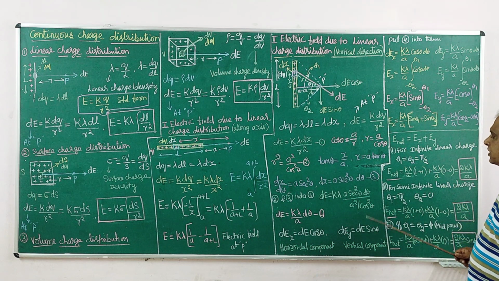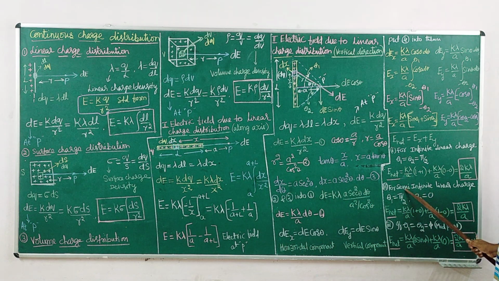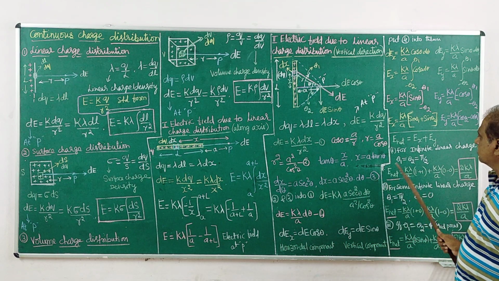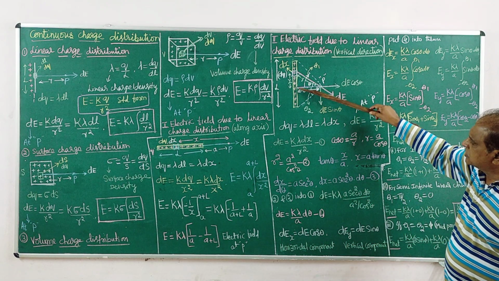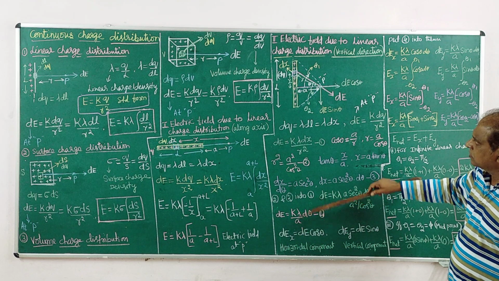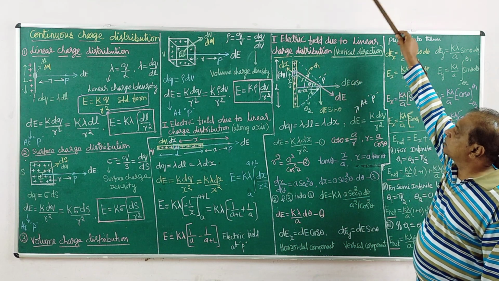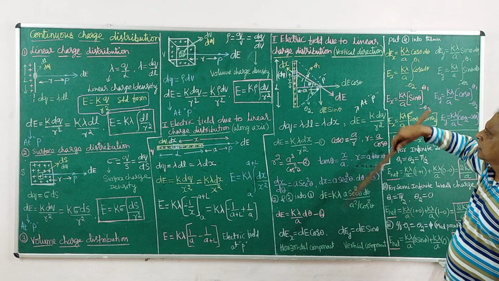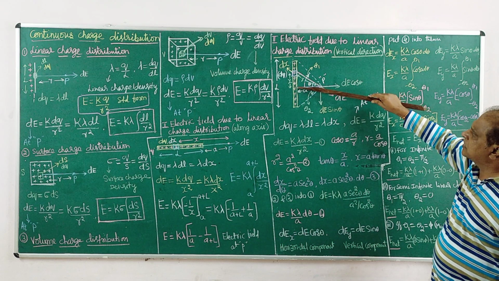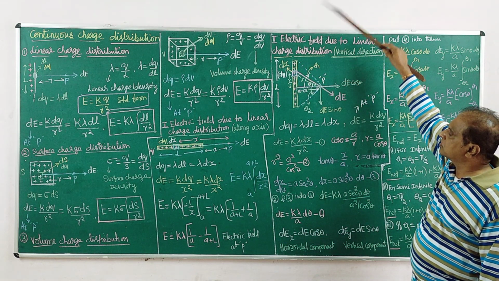That is one possibility. The other possibility is the semi-infinite linear charge. What is semi-infinite? In the infinite case, this side the length extends to infinity and this side also extends to infinity. Semi-infinite means only one side extends to infinite length, only this side.